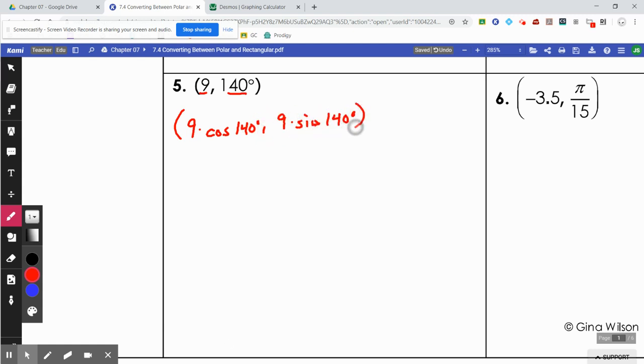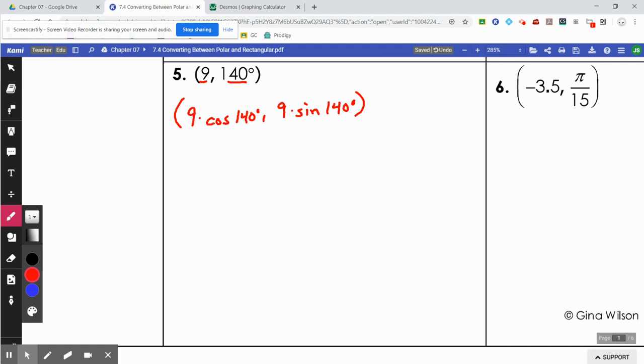Now, the problem with 140 is it's not one of our common angles, so we will have to type that in our calculator, which will be just as easy. 9 times the cosine of 140. Now, since 140 is a second quadrant angle, this should be a negative. This should be a positive. 9 times cosine of 140 gives you negative 6.89, and 9 times the sine of 140 gives you 5.79.